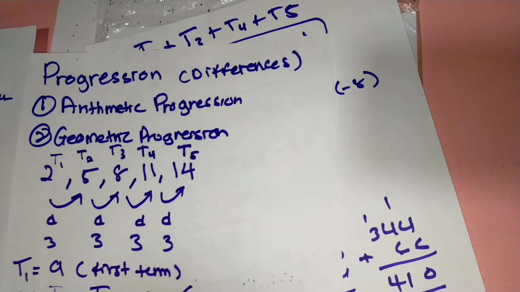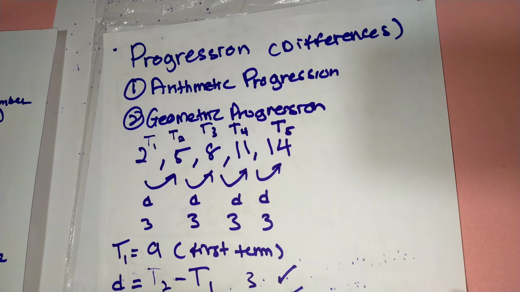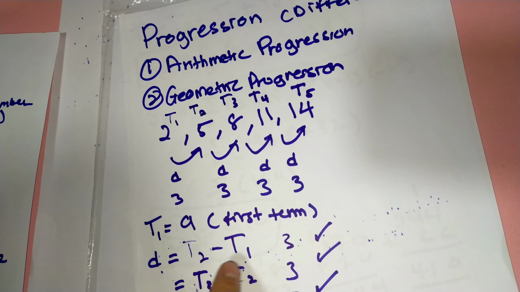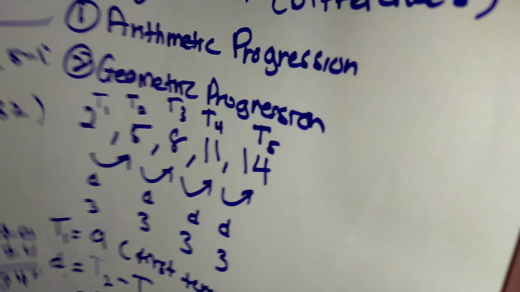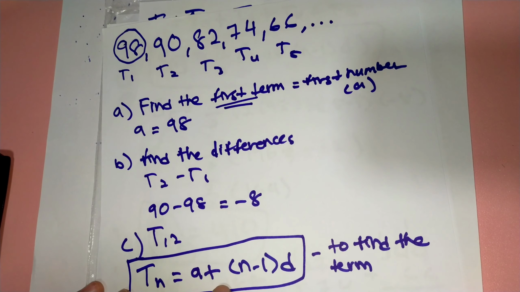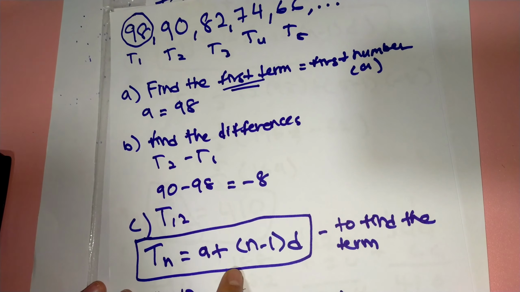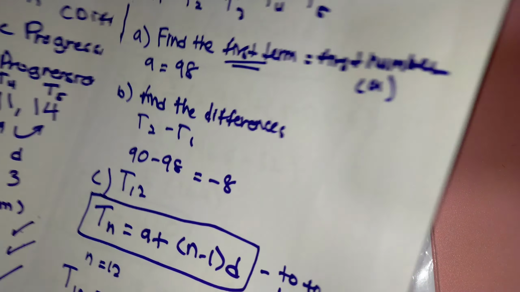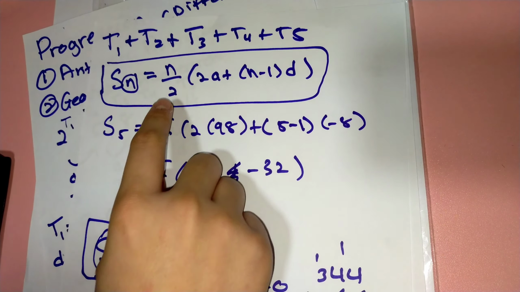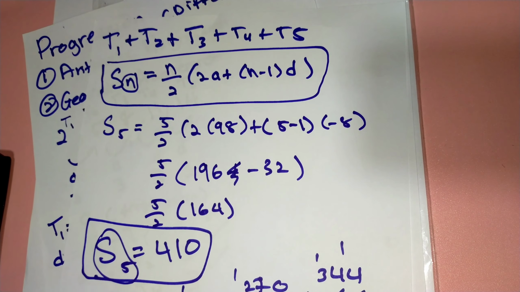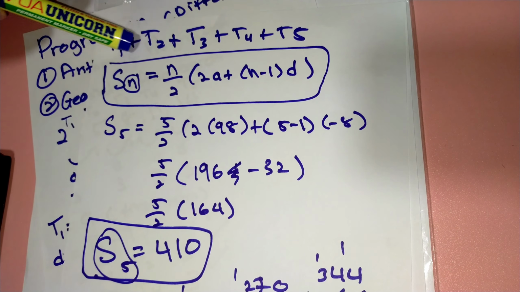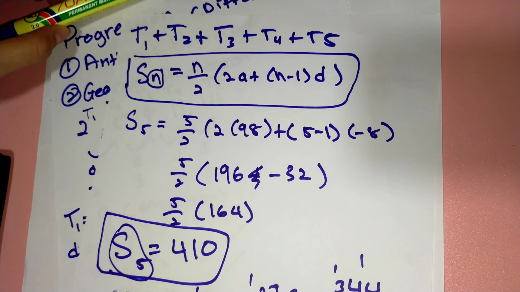For the arithmetic progression subtopic, we must know the first term, which is a, the common difference, and also the two formulas I have explained: to find the term, Tn equal to a plus n minus 1 d, and the second formula, Sn equal to n over 2 bracket 2a plus n minus 1 d, to find the sum of the first n terms.